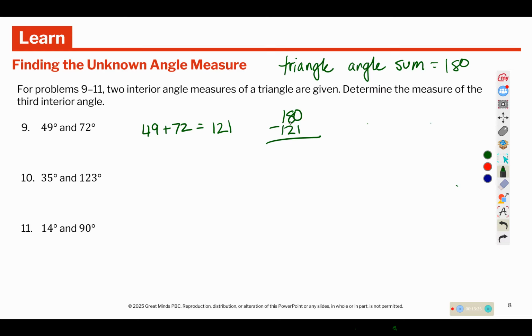10 minus 1 is 9, 7 minus 2 is 5, 1 minus 1 is nothing. And then we can check. If I add 49 plus 72 plus 59, does that equal 180? And it does. So the missing angle is 59 degrees.